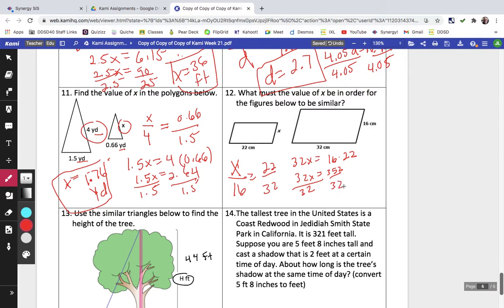Divide by 32. Hopefully it's something fairly even. It is, 11. So x must be 11 centimeters. And that makes sense when we think about that this side is half of this side. 11 is half of 22, 16 is half of 32, so that works proportionally.